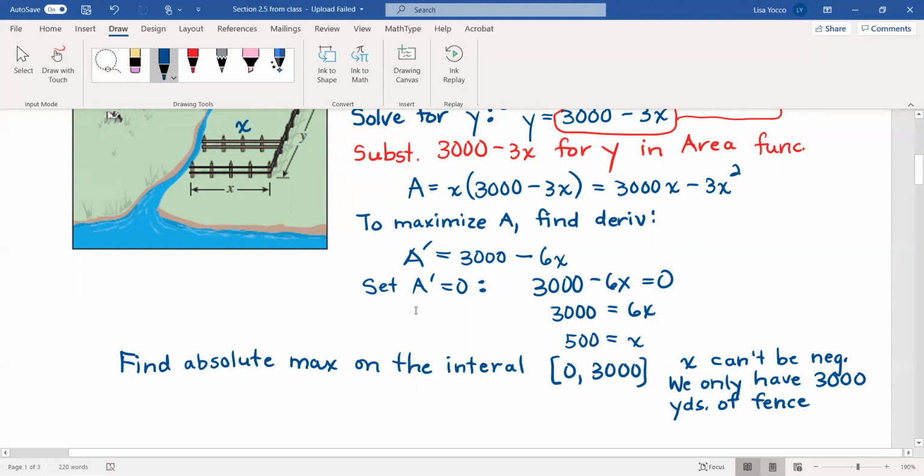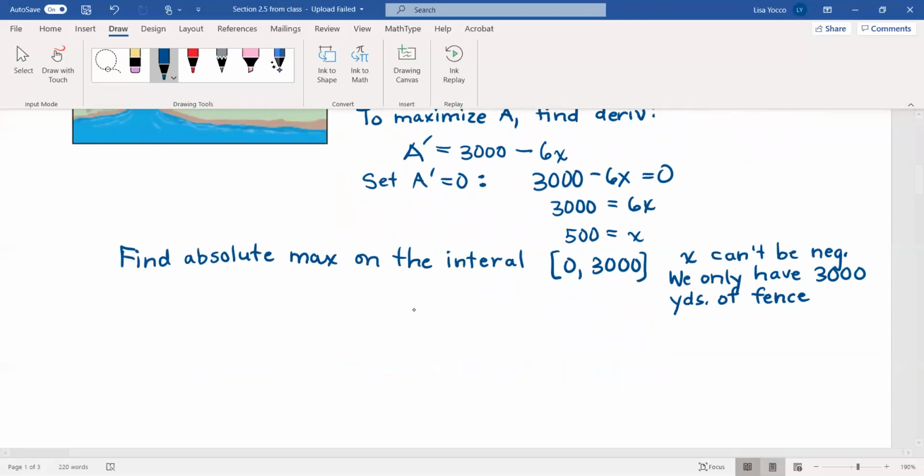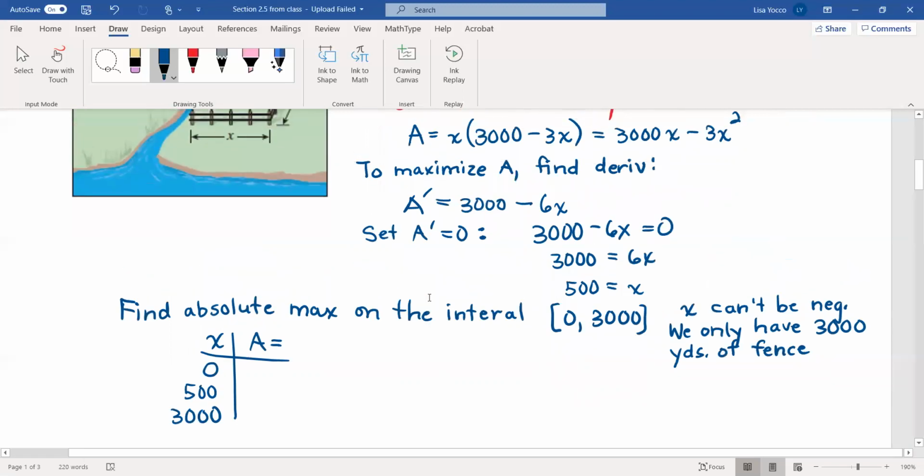So basically we're looking for the absolute max. 0, 500, and 3,000 are the choices. We want the maximum area, which was 3,000x minus 3x squared. And notice if x is 0, the area is 0. If x is 0, that means there's just one long fence along the river, and that's obviously not what is wanted.